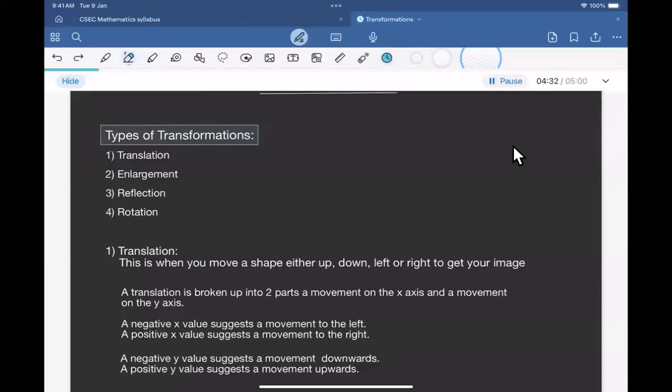A translation just means you have a shape, you take the shape and move it up or down, side to side. Imagine you have something on the ground, you take it and move it somewhere else, you translate it. You change the position, either left, right, up, or down. So take 5 minutes and copy that.